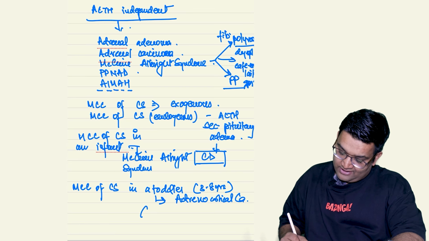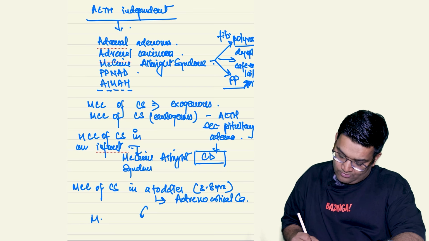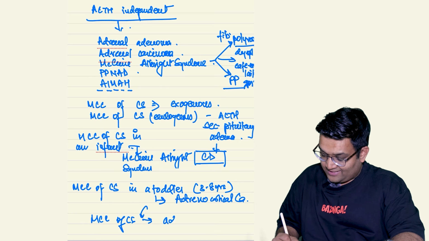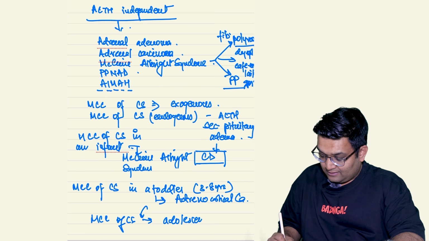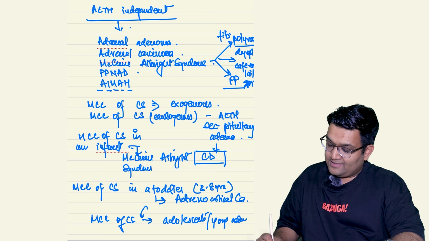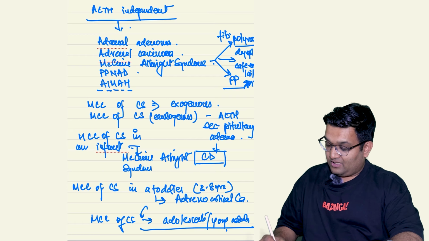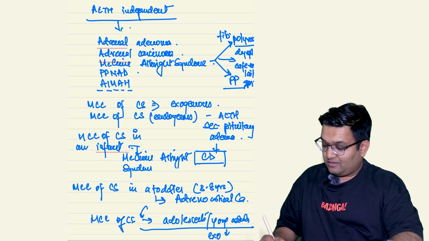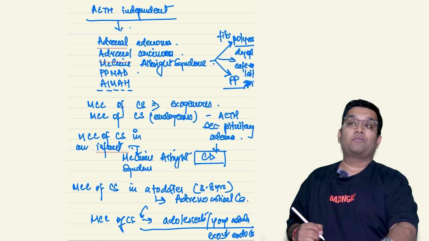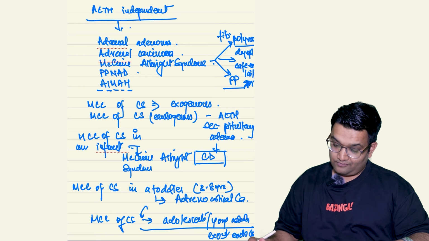And after this, the most common cause of Cushing syndrome in adolescents or young adults is the same, exogenous followed by endogenous, in which Cushing's disease is the most common. Alright.